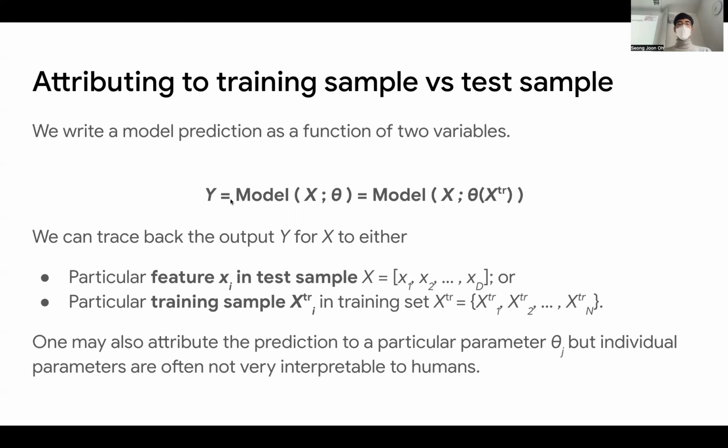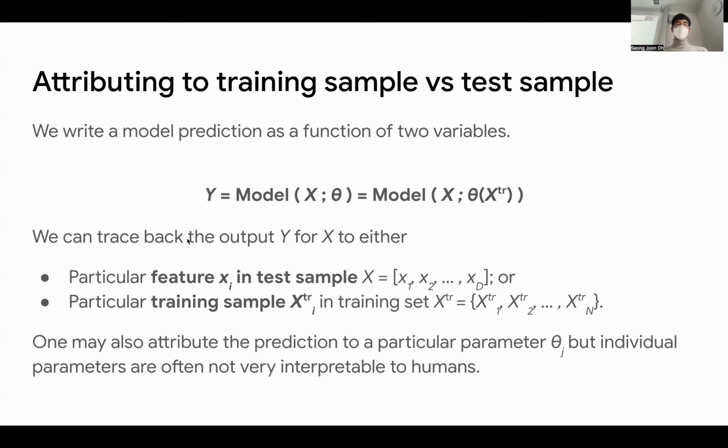So I like to write down the definition of a model or the prediction on a test sample, not just based on this single test input X, but also on this model parameter theta. And this model parameter theta is also dependent on the set of training data in the first place. So every prediction that your model is making is inherently an output of your test data and also your training data.